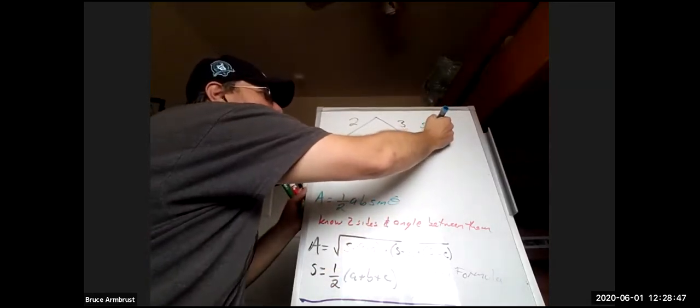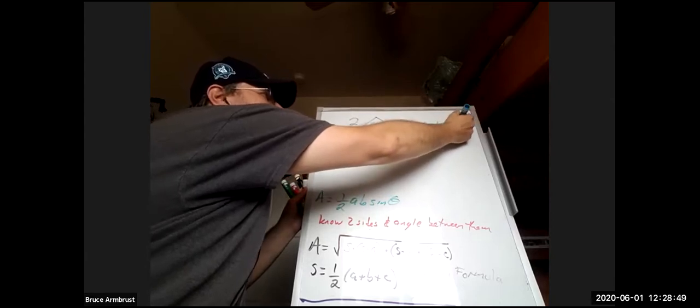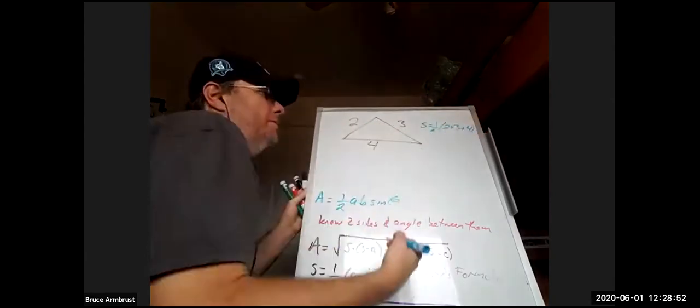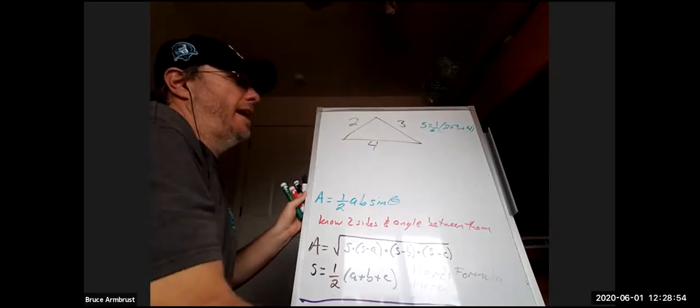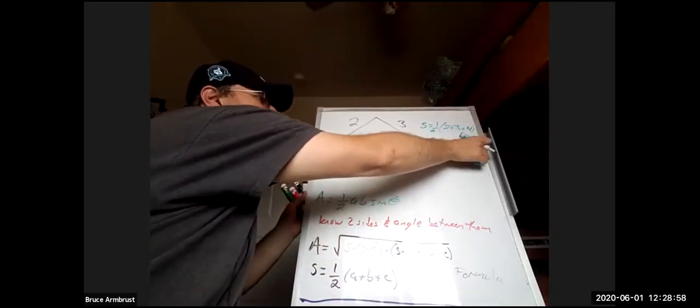Okay, so here's how this works. We got to start by finding S, the semi-perimeter. So we're just going to add up the 3 sides and then divide by 2. Take 2 plus 3 plus 4, cut it in half, which is 9/2 or 4.5.